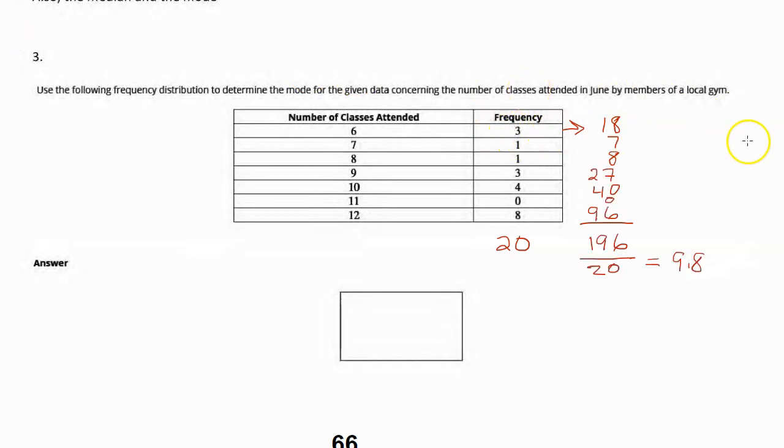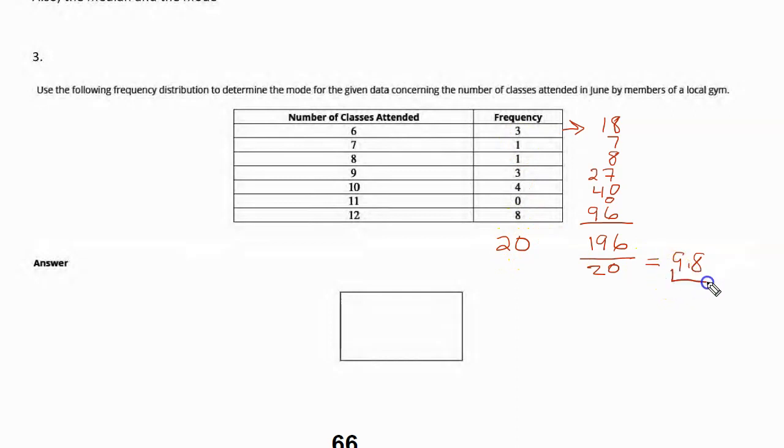So in review then of the mean of this class, the frequency tells us the number of times this is used. So we get our grand total of 196. We're going to divide by the frequency itself, which is 20.